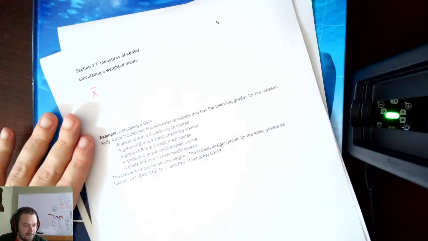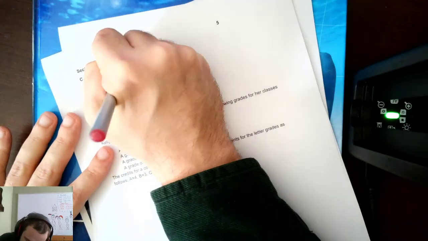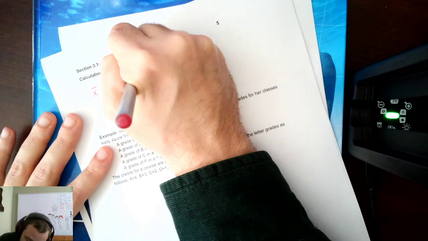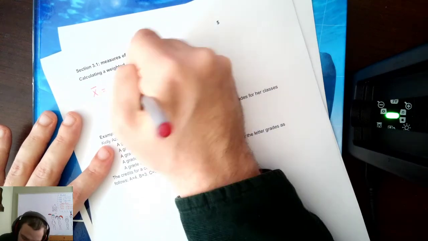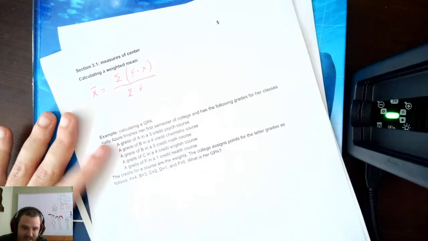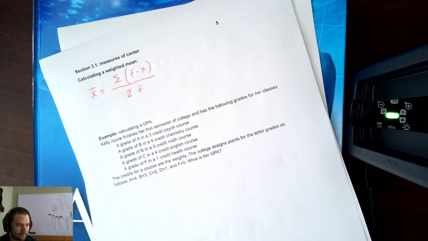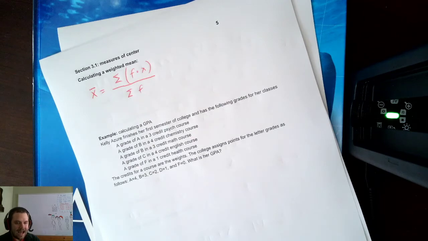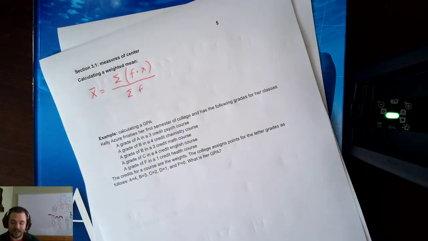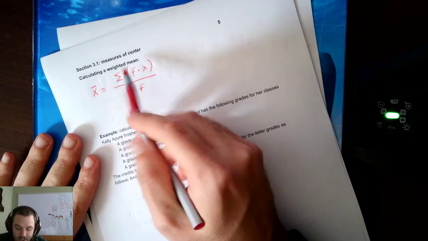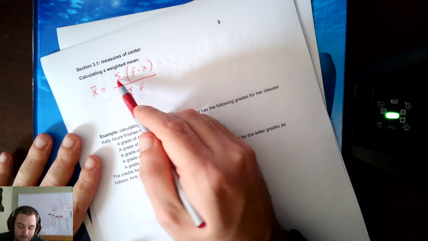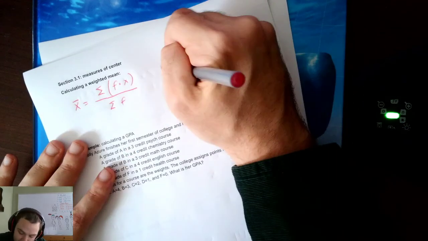X bar, it's a mean, right, equals the sum of f times x over the sum of the f's. Now, this might seem weird at first, but let's define what the symbols mean. X bar is still the mean, right? Sum still means to sum. What are f and x?